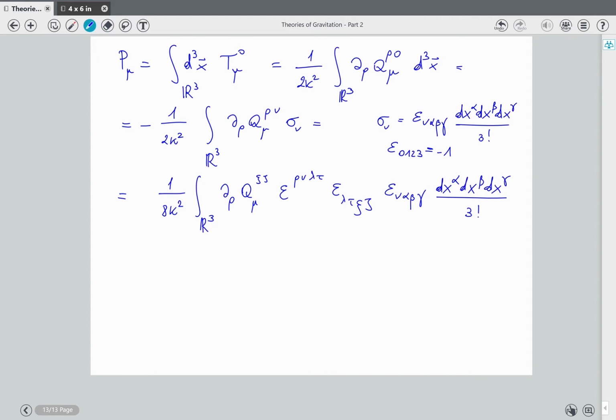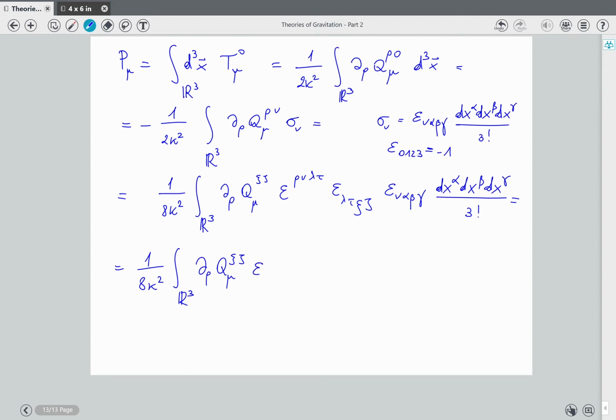As usual, at this point we contract the two other epsilon tensors, the ones that have one common index nu, and that will give a certain determinant. So 1 divided by 8 kappa squared, integral on R3, partial rho Q mu psi zeta.